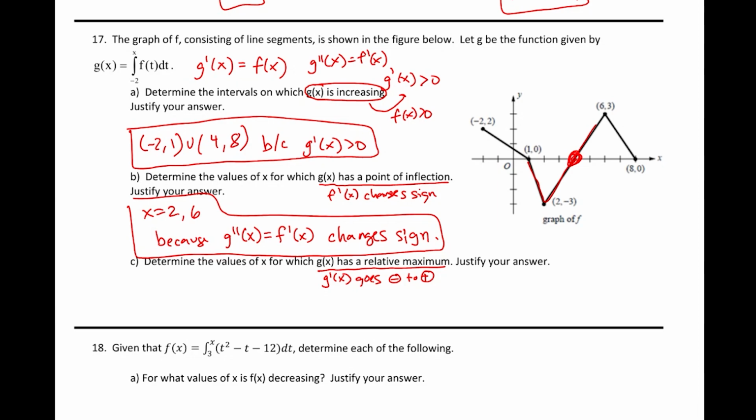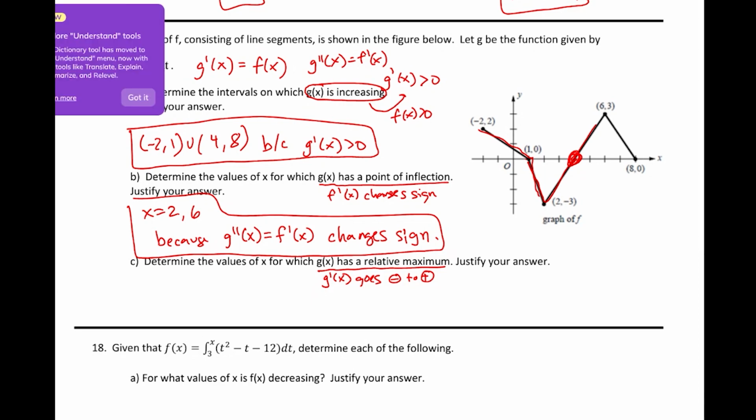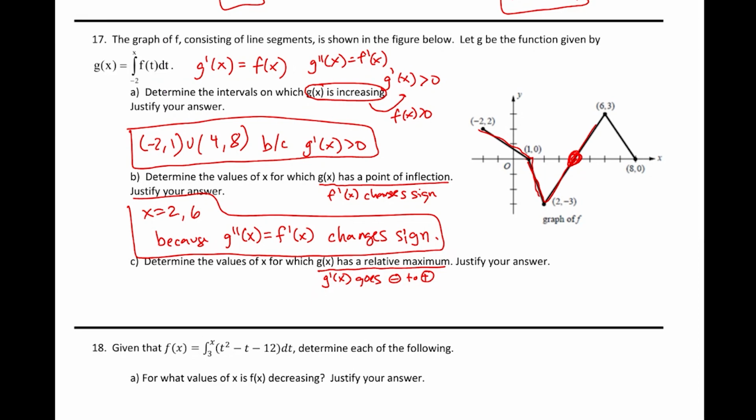Just as a little aside, since f of x is changing from positive to negative at x equals 1, that means that g would have a relative minimum there. It's not asking for a minimum, but I think it's worth mentioning. So the value for x is just going to be x equals 1.